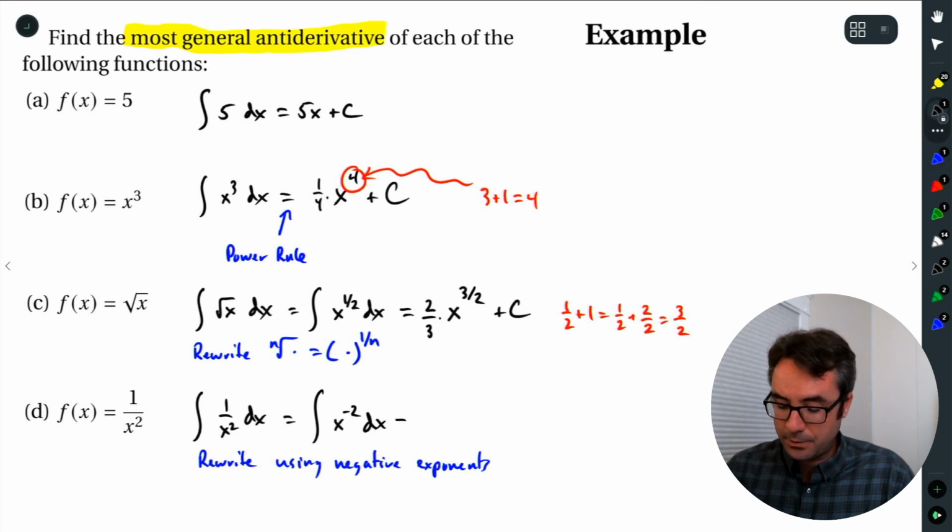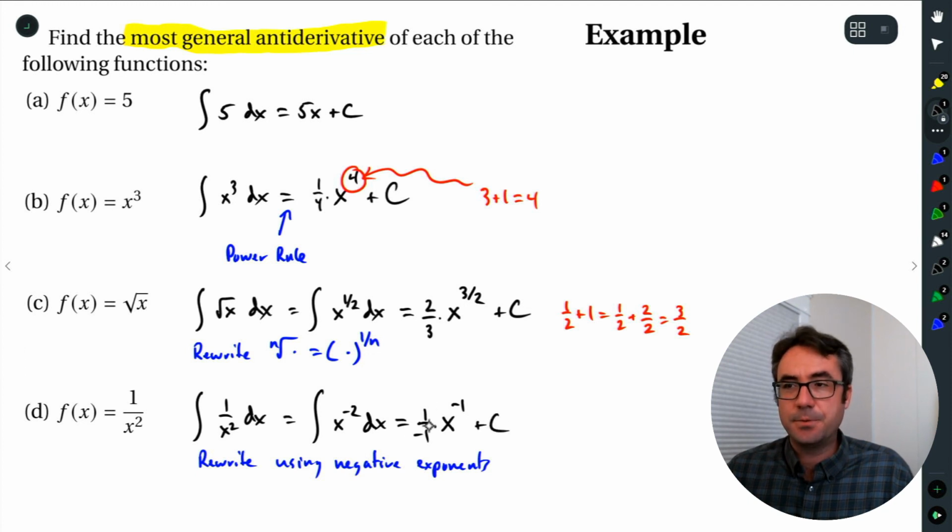So we're just going to do the power rule. Our variable is x. We add 1 to this old exponent, so we go from negative 2, and if we add 1, that takes us up to negative 1. Then we take this new exponent, flip it, and put it in front. So 1 over negative 1 goes in front.